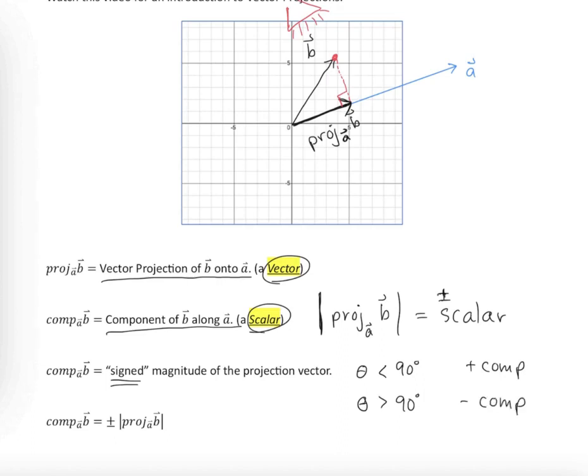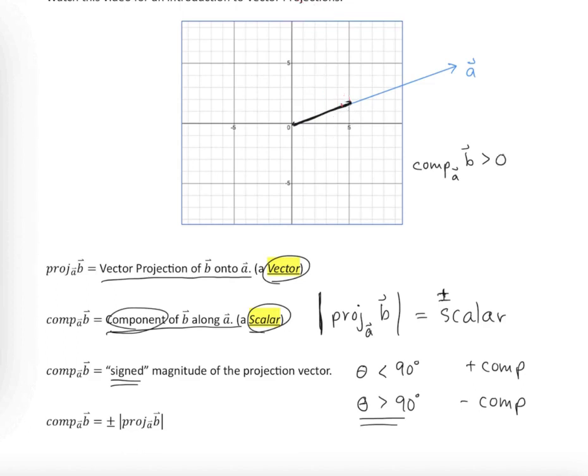If we get a negative component, that's an indication that the angle in between the two vectors is greater than 90 degrees. So in our drawing here, the angle in between the two vectors is less than 90 degrees, so we would get the component of B along A as being a positive value.